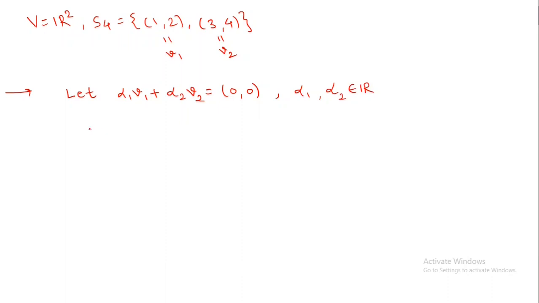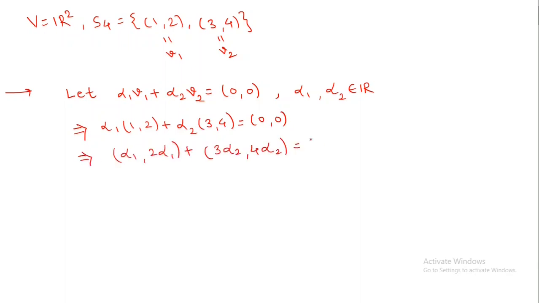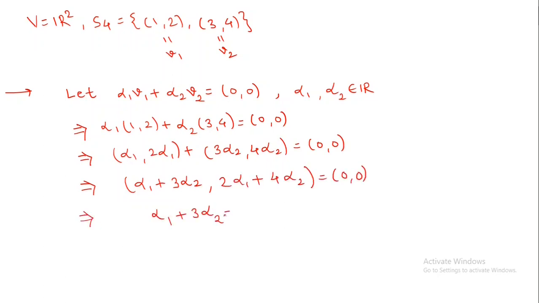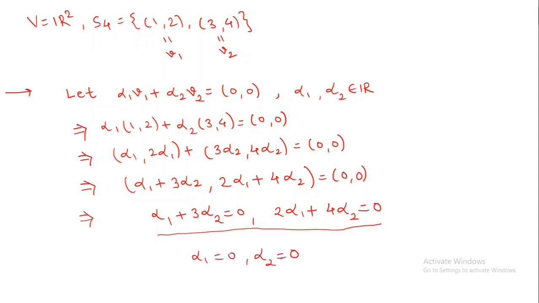R. Now this is one system of linear equations. If you solve this system, we will get alpha 1 is equal to 0 and alpha 2 is equal to 0. Now since alpha 1 and alpha 2 are 0, therefore this S4 is linearly independent.